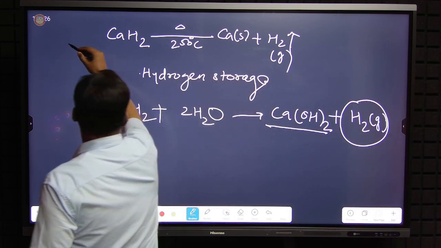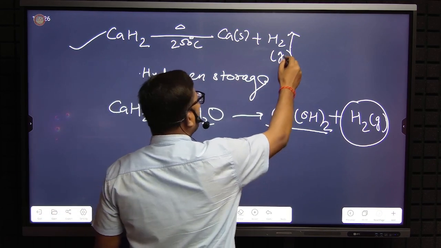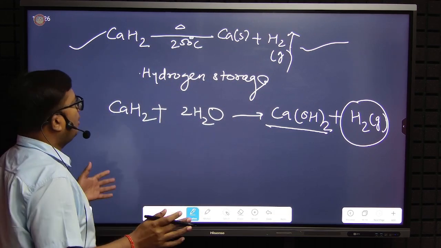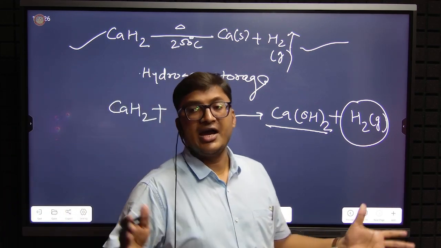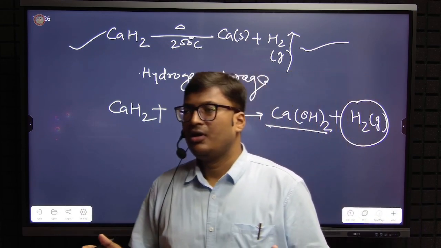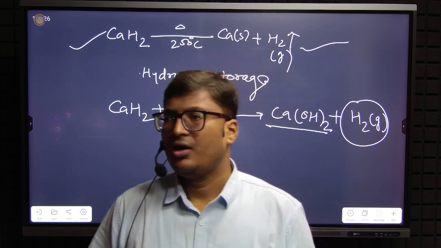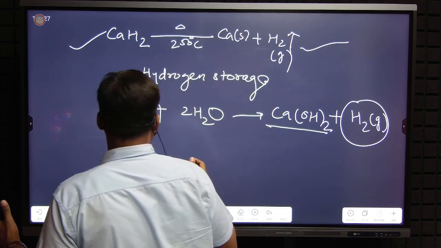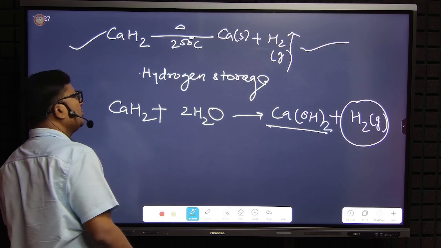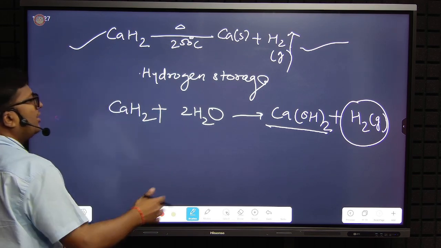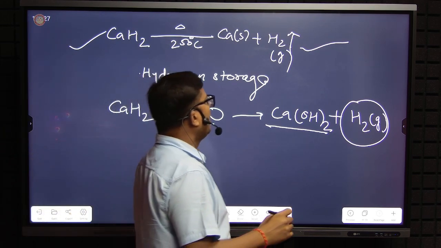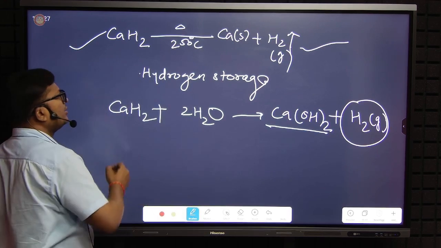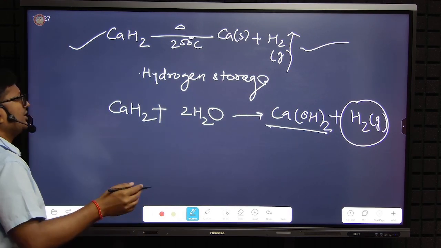These reactions also produce hydrogen gas. So you can say that alkaline earth metal hydrides are a very important source of hydrogen energy storage nowadays in research and innovation technologies. This is the beauty of hydride compounds in alkaline earth metals.